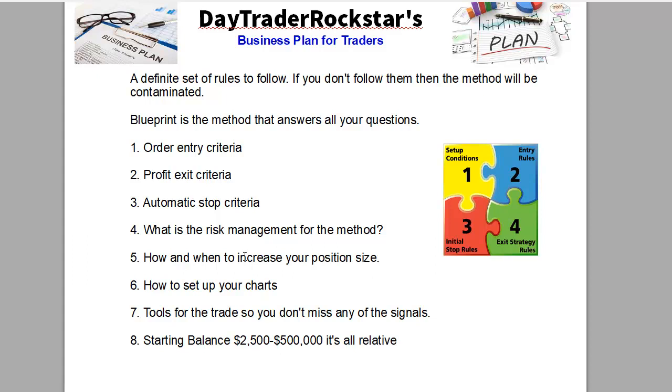The hard part is going to be, again, the fear factor, the confidence, and the greed. Conquer that, then you're going to be successful. Start a paper account, 2,500 to 5 or 20, whatever your paper account is. Double it, and then put in real money.